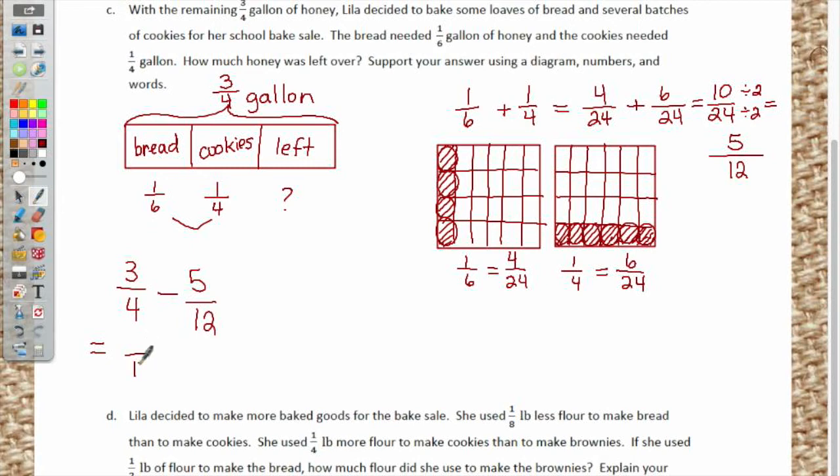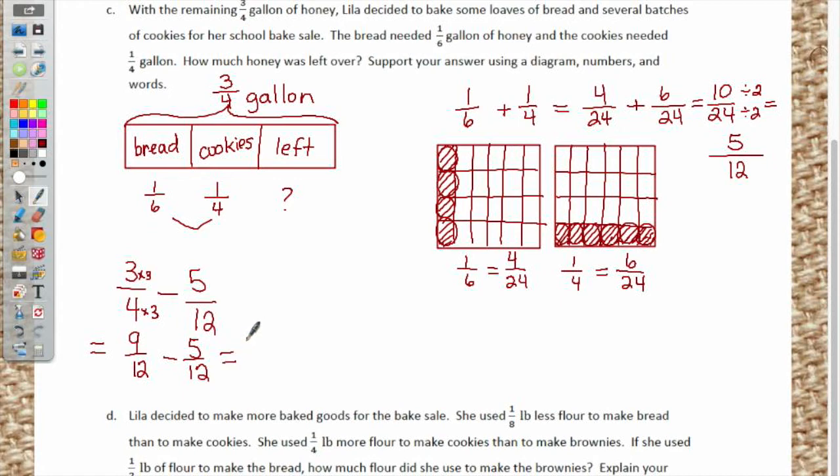Is there any reason why I can't? This is what I haven't taught you yet. So what did I do to the 4, Mia, to make it a 12? Times what? So if I do the same thing over here to the 3, what's 3 times 3? 9. And then this just stays the same. And you'll learn how to do this in the second half of the unit.